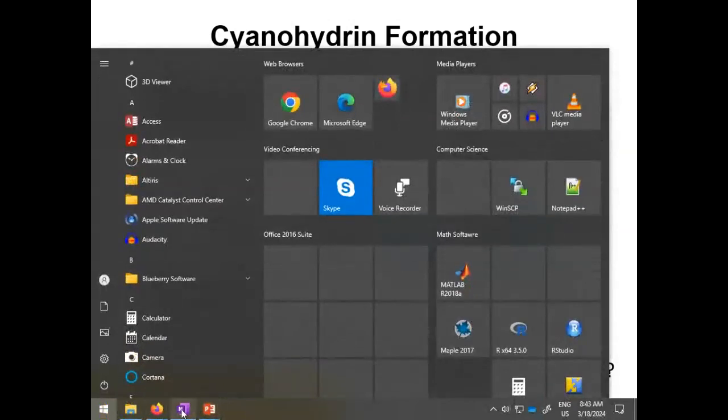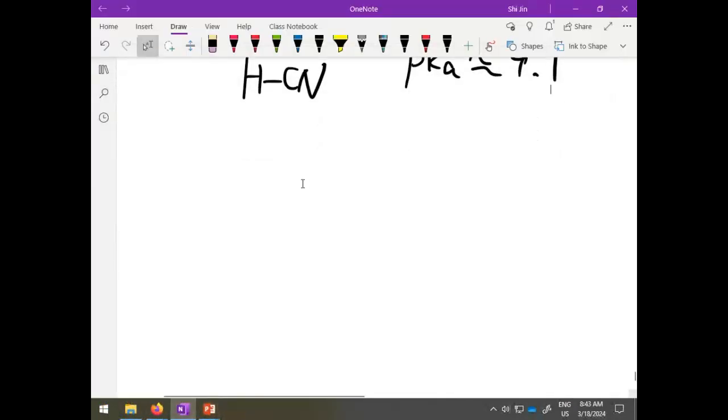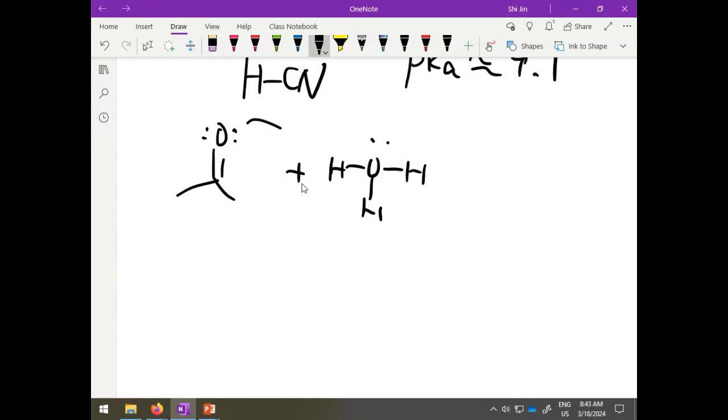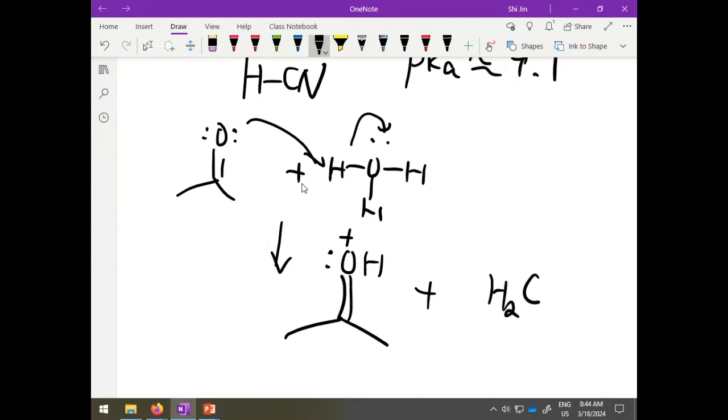But why acid catalyzed hydration can help is because of two reasons. One is that when you have acid, the acid can protonate the carbonyl, and this protonation gives you a more powerful electrophile, more electrophilic than before.